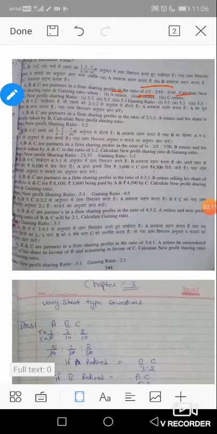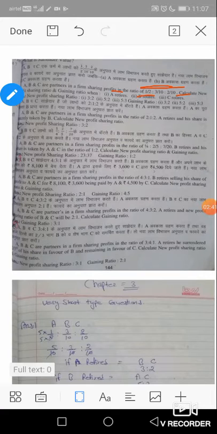This is the first numerical type, in which the first situation is followed. How? The old ratio of all partners is given, 1 upon 2, 3 upon 10 and 2 upon 10. There is no other information regarding the new ratio, so how do we calculate it?